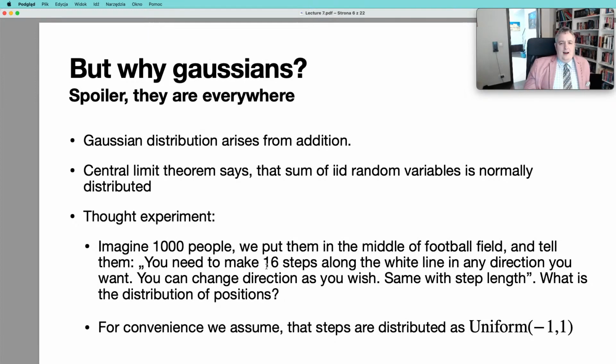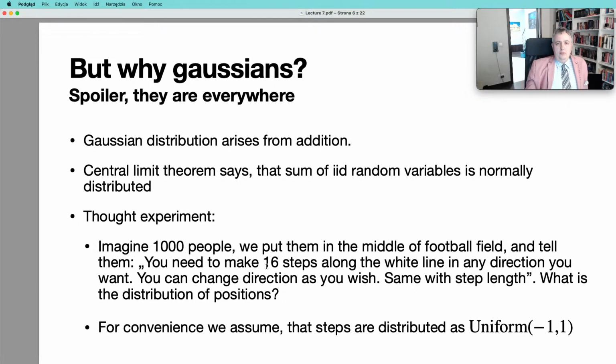So let's start with a very simple thought experiment. Let's imagine that we have a football field or any other sport field, and you get 1,000 people and tell them, okay, you stand in the middle and then move randomly in any direction as long as you want. Let's say no more than 1 meter.